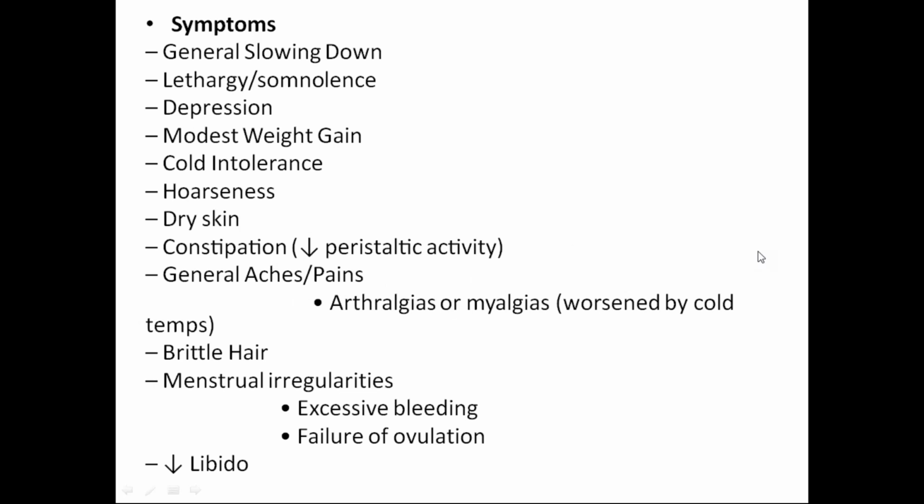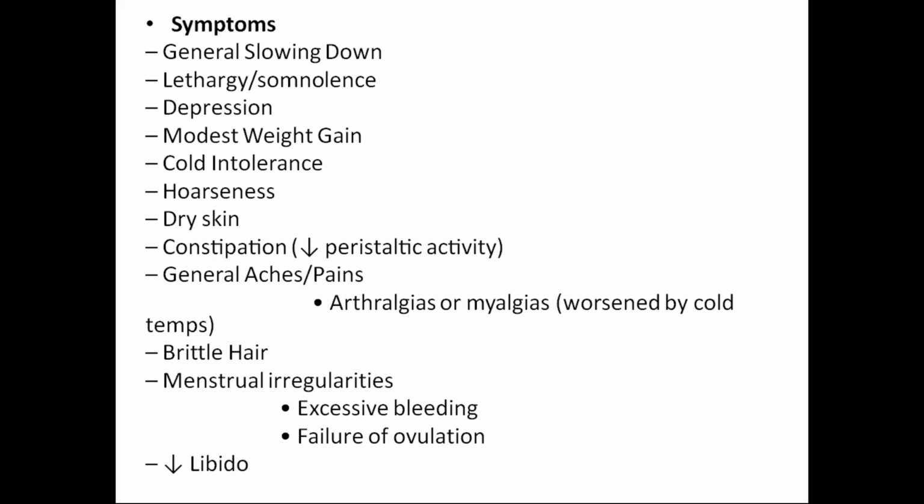Coming to the symptoms, how acquired hypothyroidism presents. A normal growing and active child gets a general slowing down of things. Activeness comes down. He becomes lethargic and somnolent, more sleepy, and mom finds the baby more depressed and isolated, not active and attractive to the family and friends.